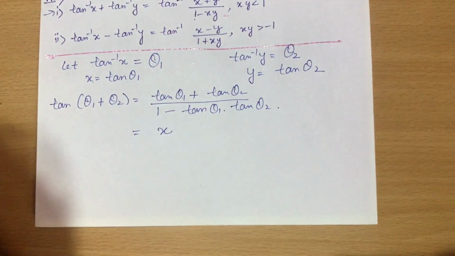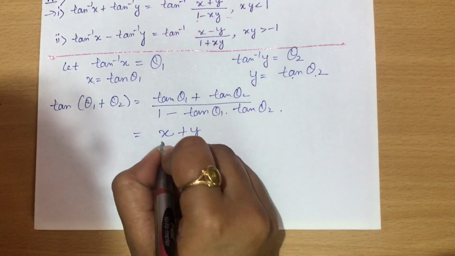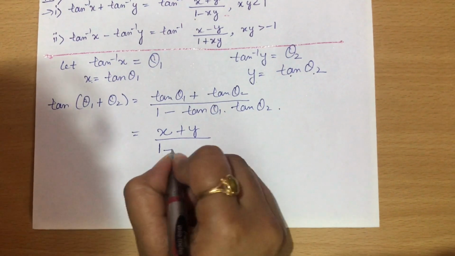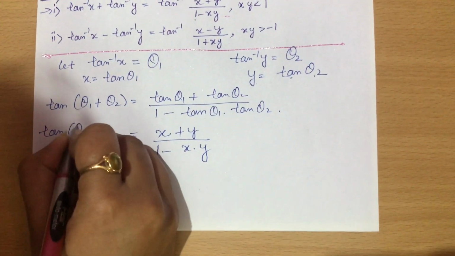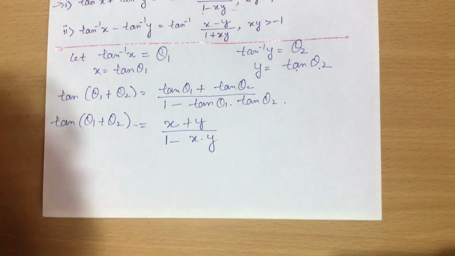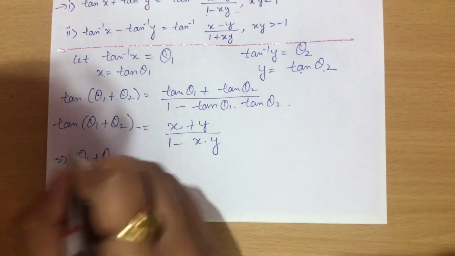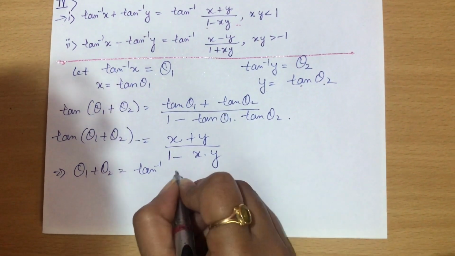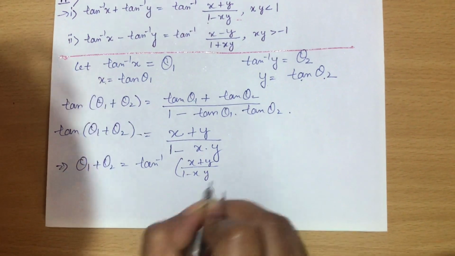So substitute x. What is tan of theta 2? It is y. So write x plus y, and here this is x into y. And on the left hand side there is tan of theta 1 plus theta 2. Okay, so you can write theta 1 plus theta 2 is what? This is tan inverse of (x plus y) upon (1 minus x into y).